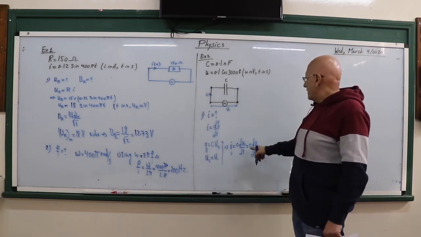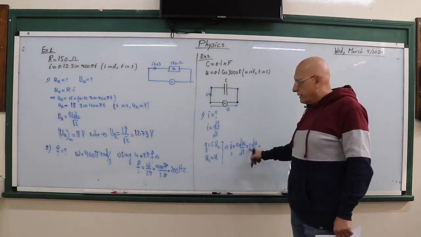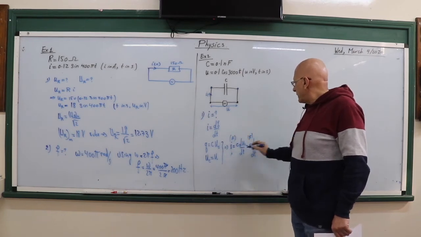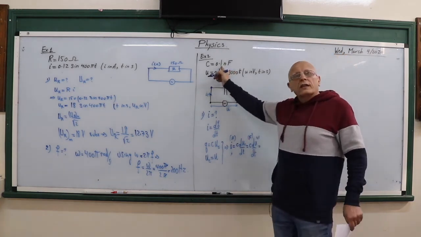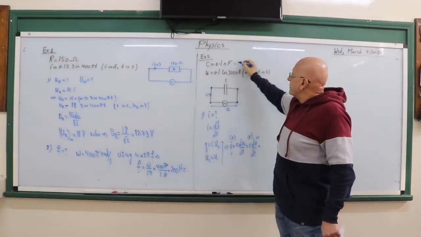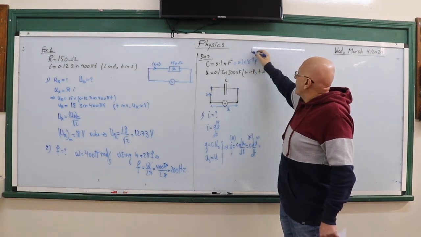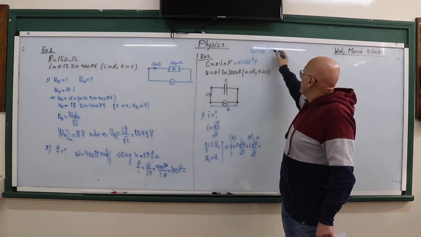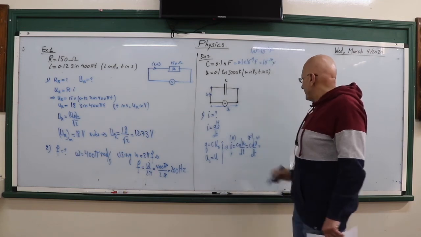So I am going to substitute, using the SI system. In the SI system, C should be in farad, I in ampere, U in volt. So I should change from nanofarad to farad. 1 nanofarad equal 10 power minus 9 farad, so you get 10 power minus 10 farad.